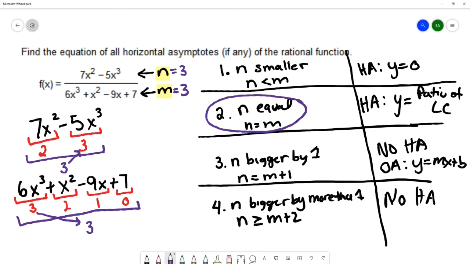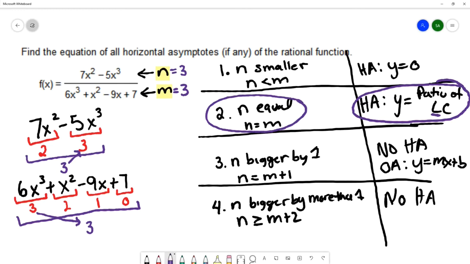And now that we know that we're in the second case, we're going to be able to find the horizontal asymptote by using the ratio of the leading coefficients. Now, that language might be a little bit confusing because it uses the word leading, L, for leading, but leading doesn't actually mean first.